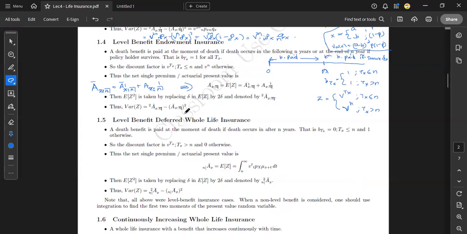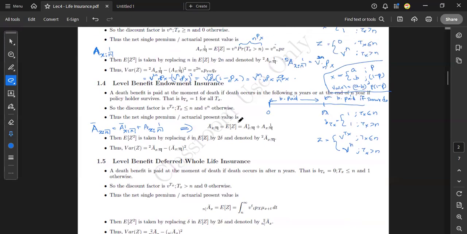And like before, we just need to replace delta by 2 delta to get this second moment. More specifically, 2 delta is only affecting the term life. And for the pure endowment, we saw that when it becomes 2A, we just need to replace n by 2n.